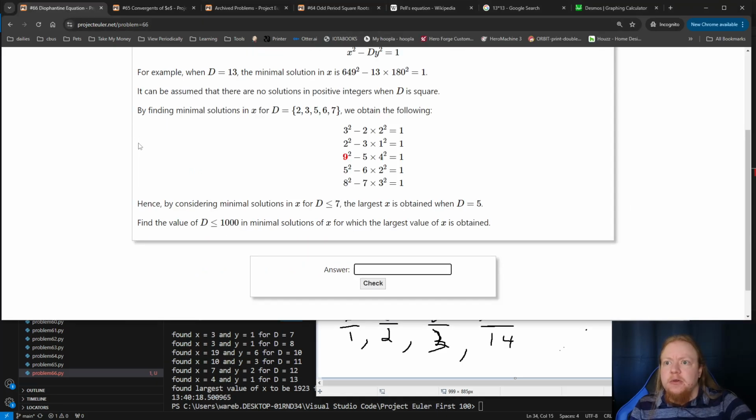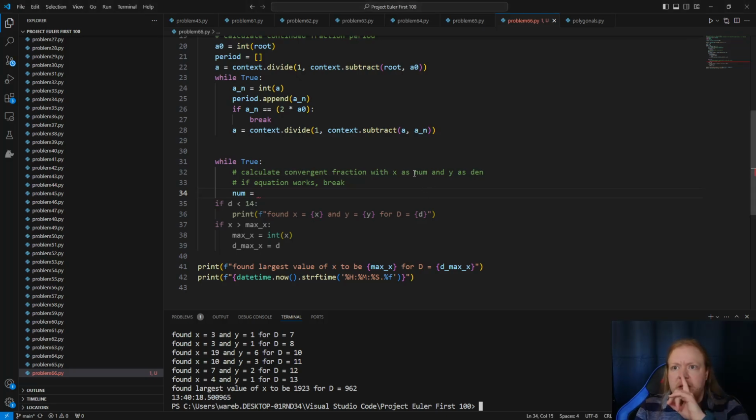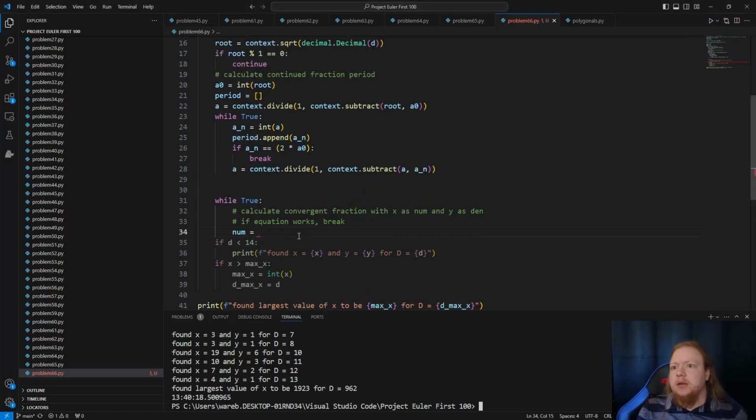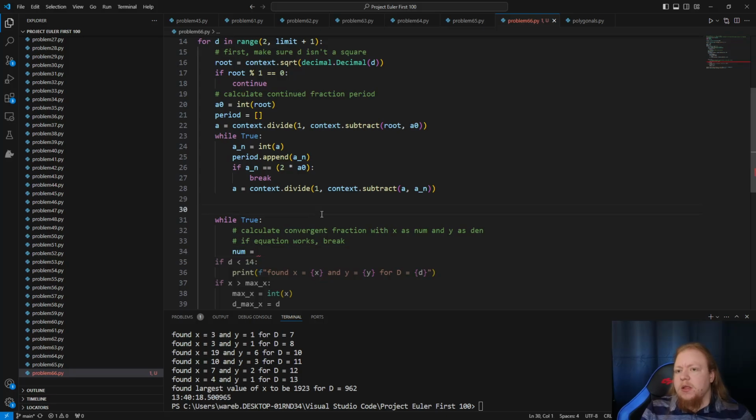Okay, so now, if we find these periods, which we should be able to be doing pretty quickly, the first numerator is just a0.